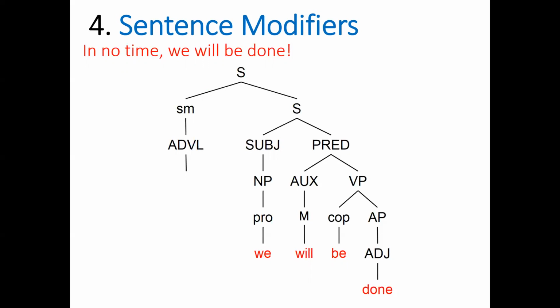But instead of an ADVP, adverbial phrase, we generate a prepositional phrase. And we produce in no time. And then expanding the S, we can account for the remainder of the sentence. We will be done.